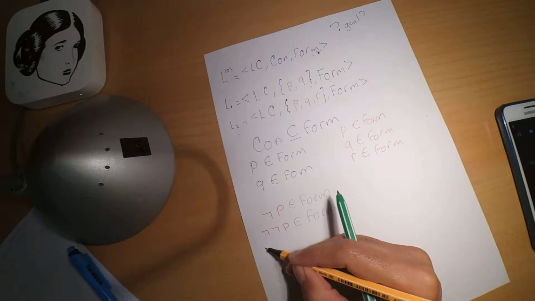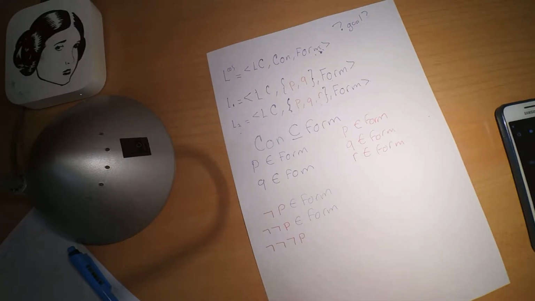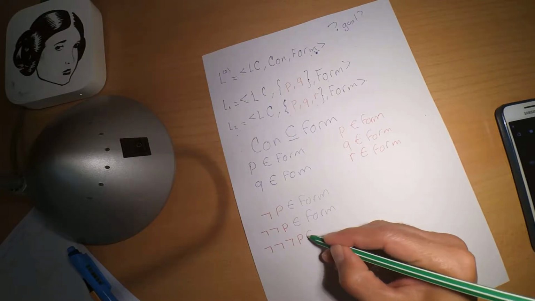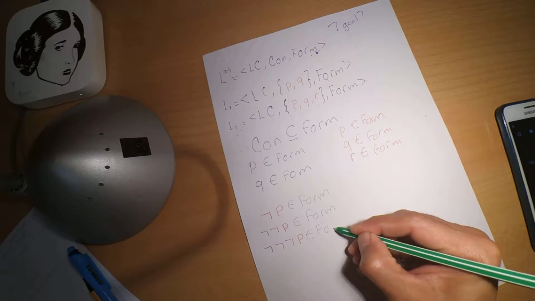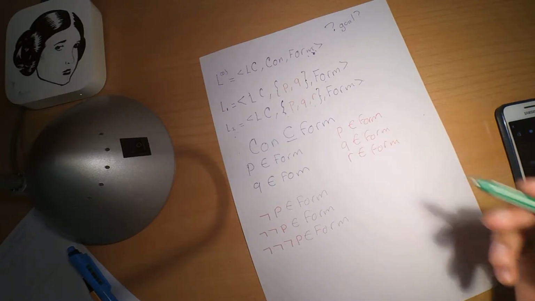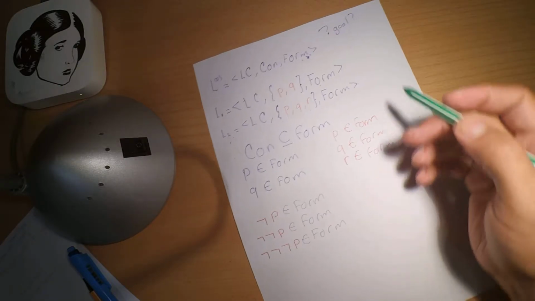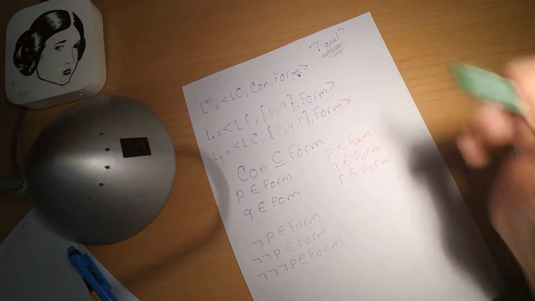What if I put negation P three times? Is this part of the form? Yes, it is. So in this case we can make operations or make formulas, which is our goal.